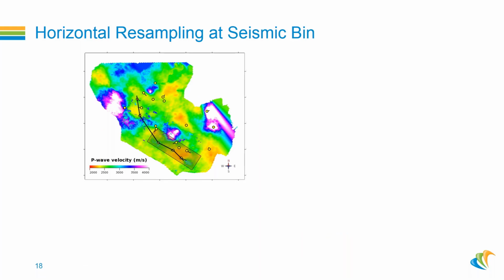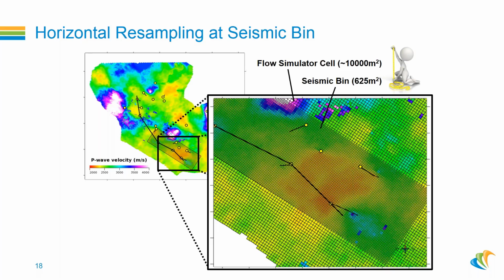The other thing with this grid is that there are differences laterally. If you look at the seismic grid, it is denser compared to the reservoir grid, which is sparser. So we need to resample this coarse grid to the fine grid to be able to create a grid similar to the current seismic grid.